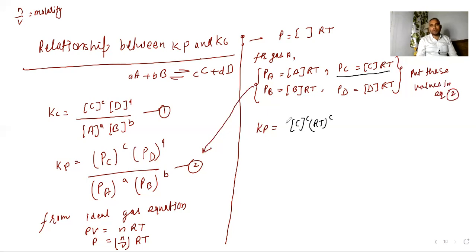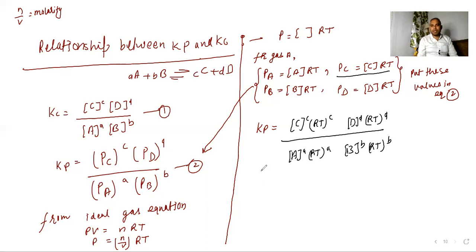Then next, [D] to the power d and RT to the power d. Divided by [A] to the power a and RT to the power a, and [B] to the power b and RT to the power b.